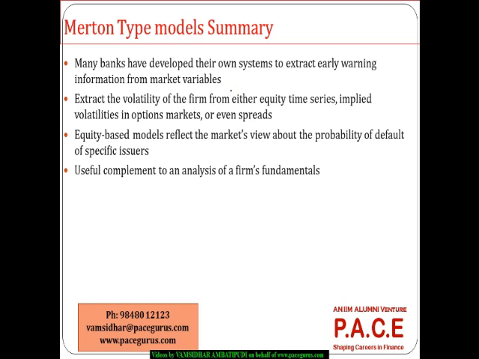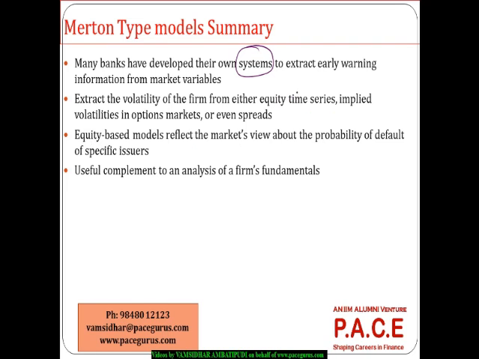So just to summarize, today there's a lot of popularity for the Merton type of models. A lot of banks have developed their own systems which bring out early warning information from the market variables. They have different ways of estimating the volatility of the firm.